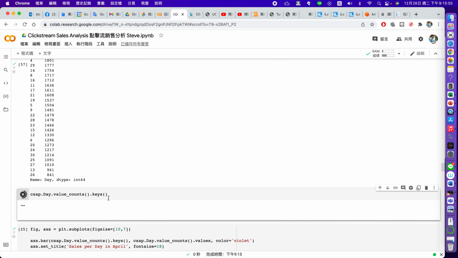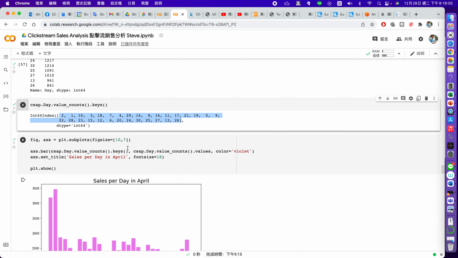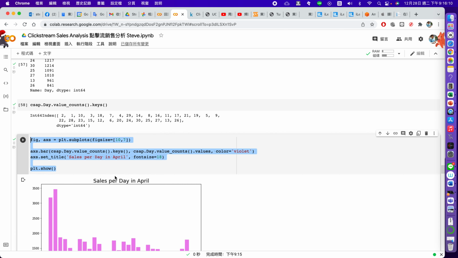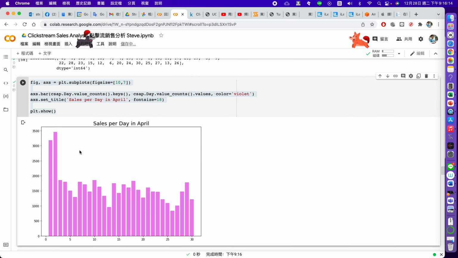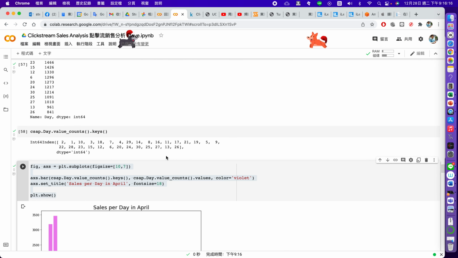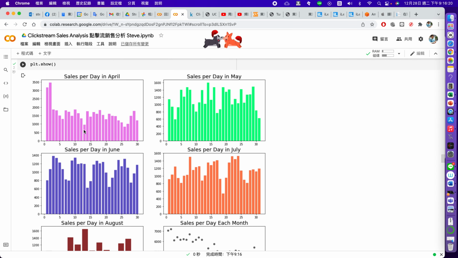And the key for the day value count key, the day of the week, and also we can draw one of the diagrams special. Okay, only one diagram this way. This is the same as the first part of this diagram.